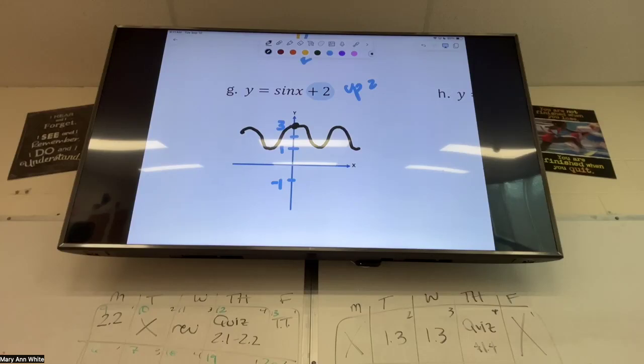Yep. Cosine still goes between 1 and -1, and so when I move it up, I'm just moving these up. My scale is off, but it should be 1 and 3.